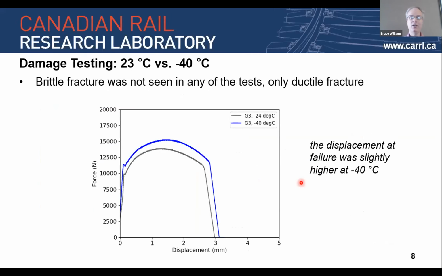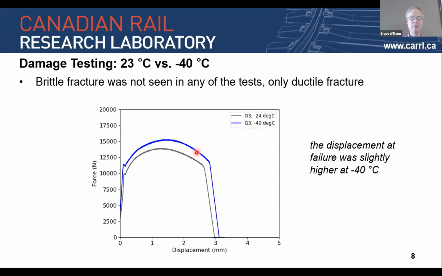If I compare the minus 40 degree response with the 24 degree response, the minus 40 degree response, which is blue, actually absorbs slightly more energy than the room temperature response. In all of the quasi-static tests that we performed at minus 40 degrees Celsius, we did not see the brittle fracture with a sudden load drop.